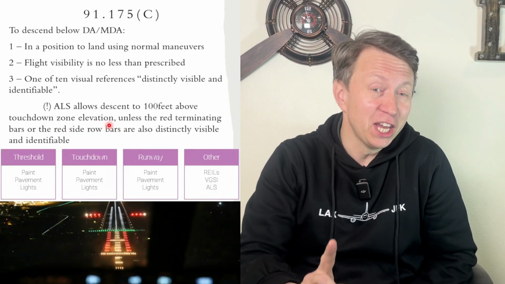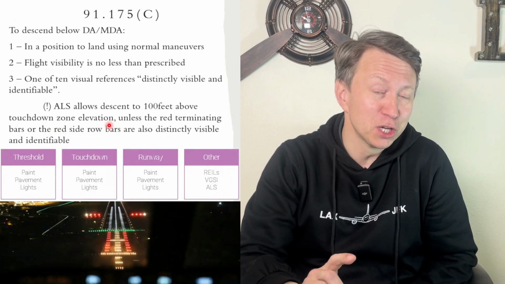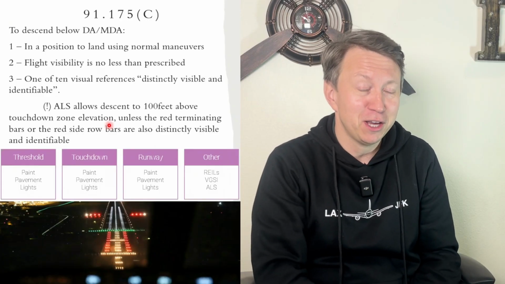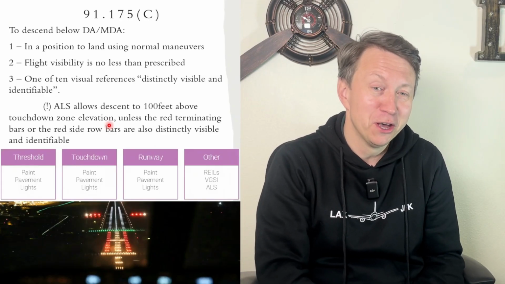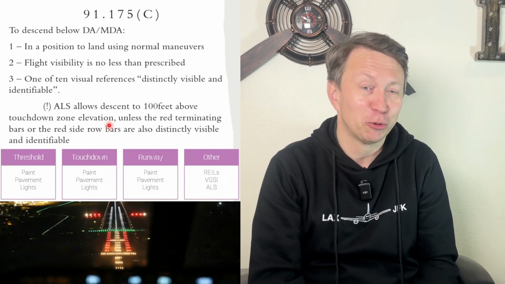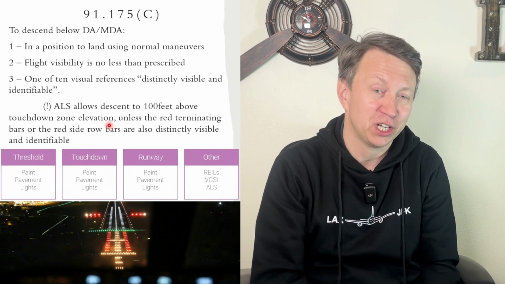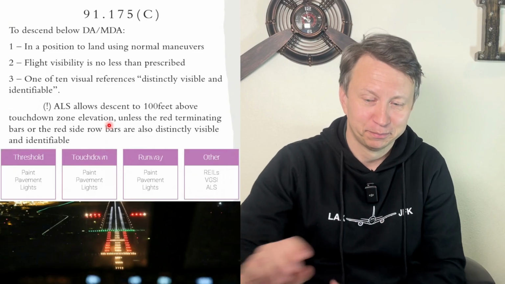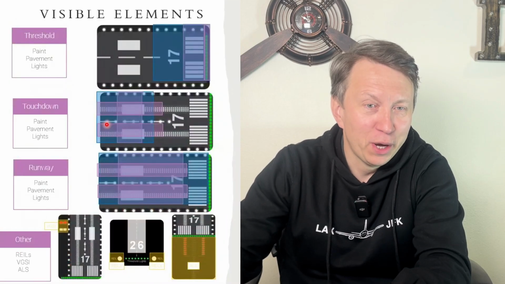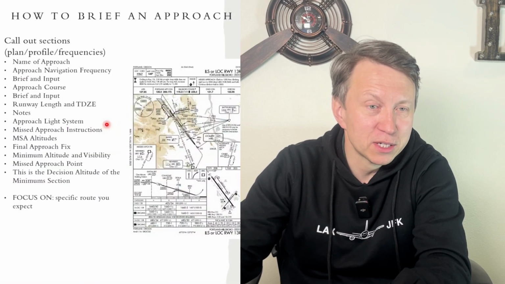Yeah, so if somebody simply remembers, oh, it's another 100 feet, you can put yourself in a wrong answer if you say that. So again, 100 feet above touchdown elevation, that's your next decision altitude. Okay. So paint, pavement, and markers, paint, pavement, or lights.